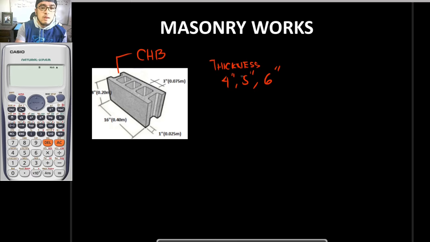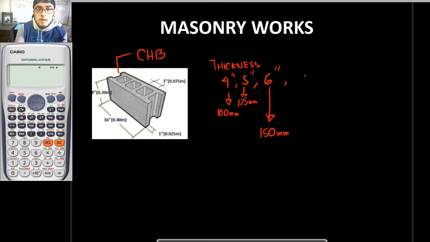In terms of estimates, 4 inches is roughly 100 millimeters, 5 inches is 125 millimeters, and 6 inches is 150 millimeters. This would be the most common thickness that we would be estimating in this subject.